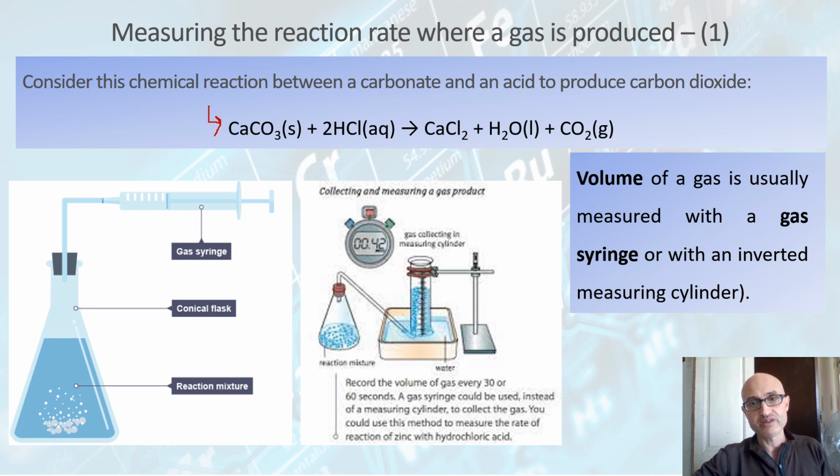It will generate a steady flow of carbon dioxide gas, which can then either be collected in the gas syringe, as I just said, or using the inverted measuring cylinder. Do note that there is a slight error if using the collection over water, since carbon dioxide is partially soluble in water. Just be aware of that.